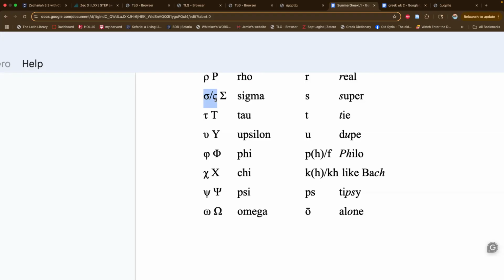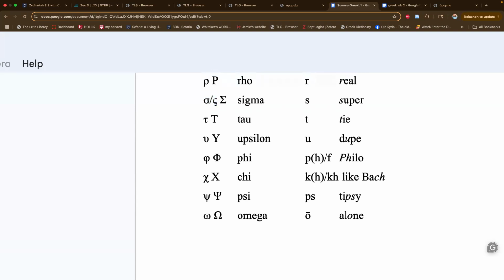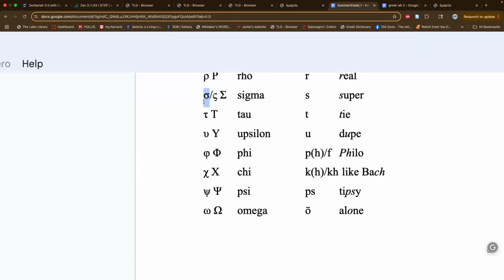So the plural, in English, the end s would be plural. So the first one, the s that looks like an o with a little stick out of it, is used at the beginning and the middle. So basically anywhere that isn't the last letter.